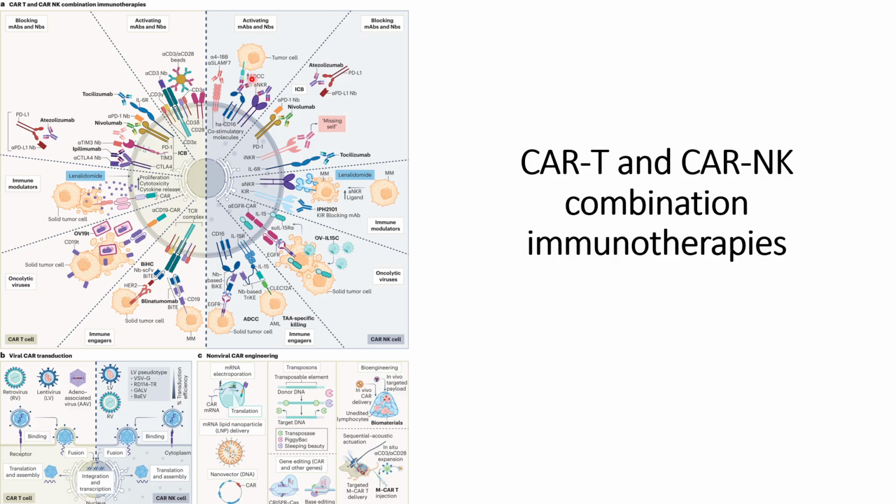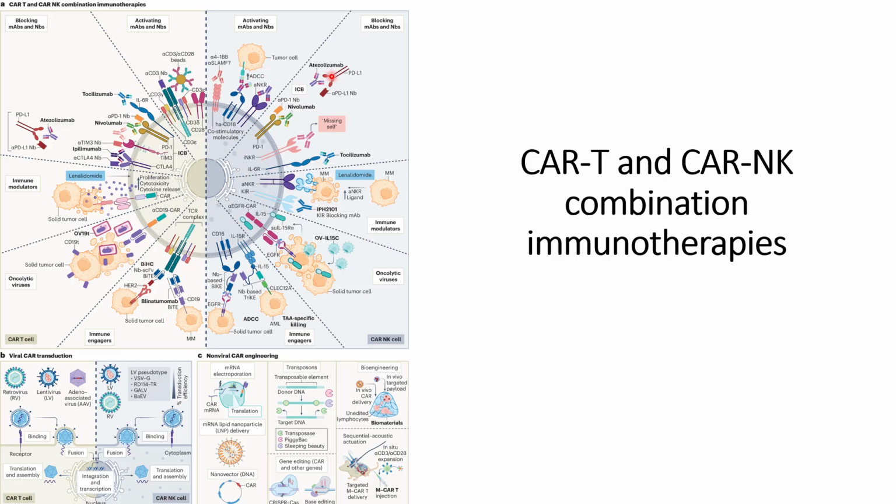The other activating monoclonal and nano antibodies include anti-4-1BB, which can also lead to co-stimulatory signals that can target the tumor cells.